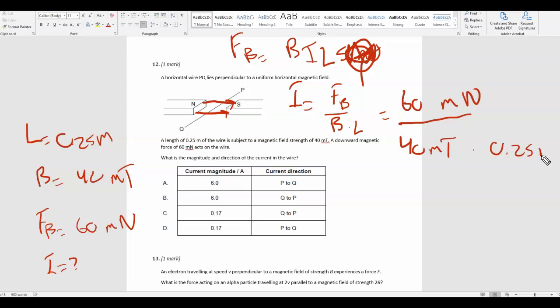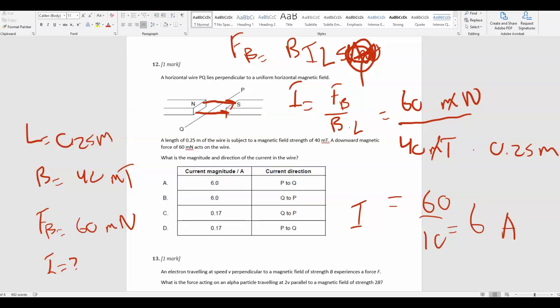The only reason I put the milli, I am plugging the units here, is because the two millis actually cancel each other out, and so don't matter at all. And so I just get 60 divided by 40 times 0.25 is 10, so that's going to be 6 amperes. Okay, so you can easily do that calculation without a calculator, which you would have to do on the IB exam because you don't have a calculator available to you on multiple choice questions. So the current would be 6 amperes.